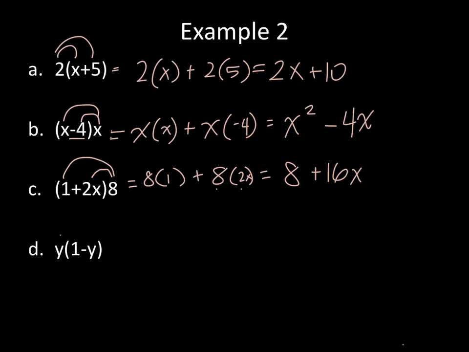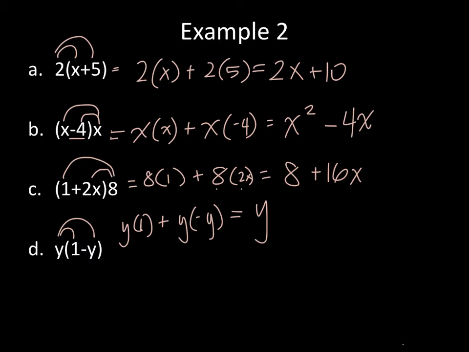Looking at this one, letter D, distributing to each of these, and I do want to see your rainbows in your work. Y times 1 plus y times negative y. Y times 1, that becomes just y, right?